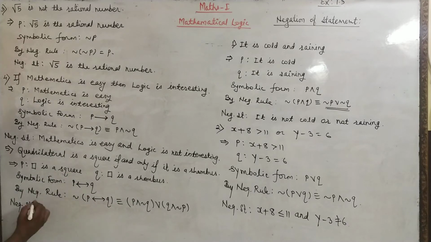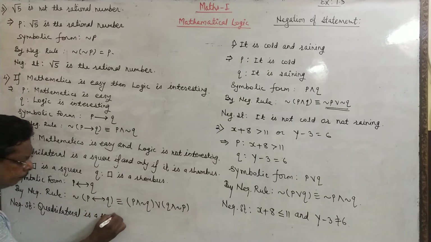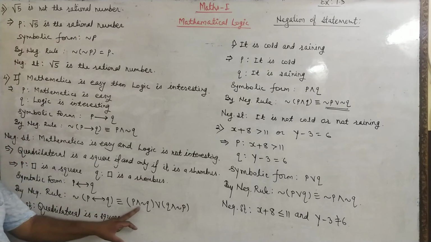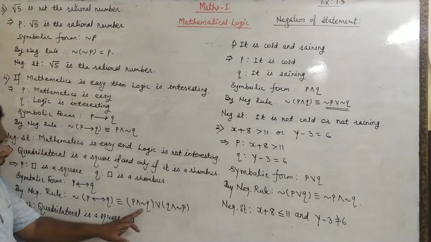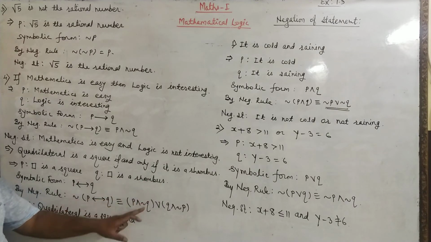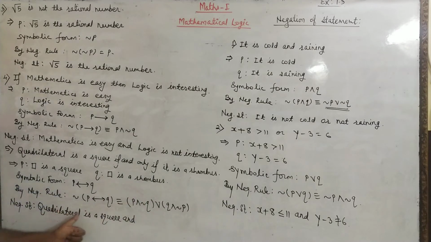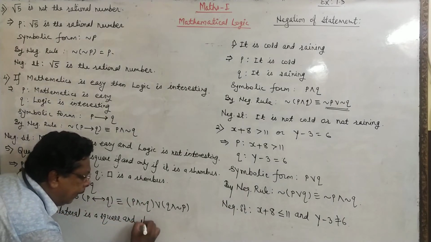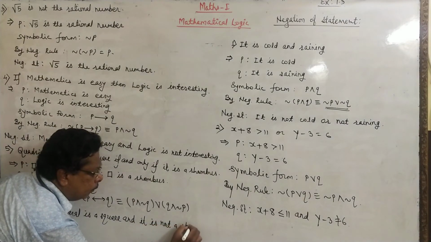Quadrilateral is a square. Then the connective is 'and', negation Q. What is Q? Quadrilateral is a rhombus. Negation Q: quadrilateral is not a rhombus. Quadrilateral is a square and it is not a rhombus.